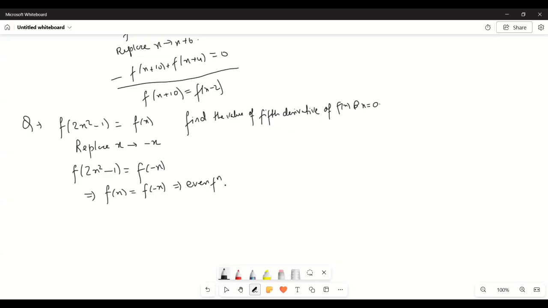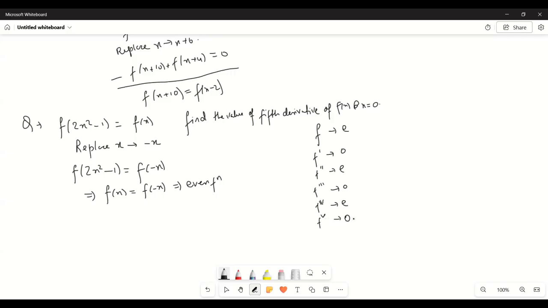Now we go back to the property of the derivatives that we have done. What's the derivative of an even function? Odd function. It is even. So first derivative odd, second derivative even, third derivative odd, fourth derivative even, and fifth derivative would be odd.